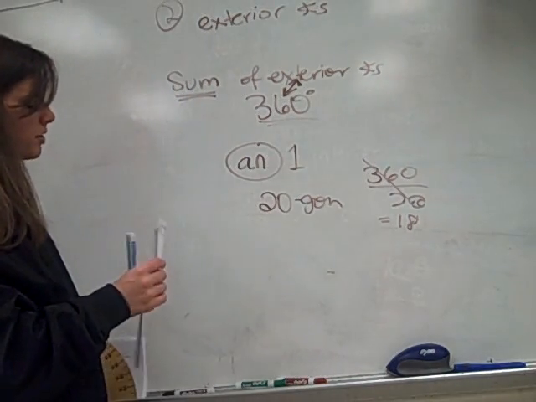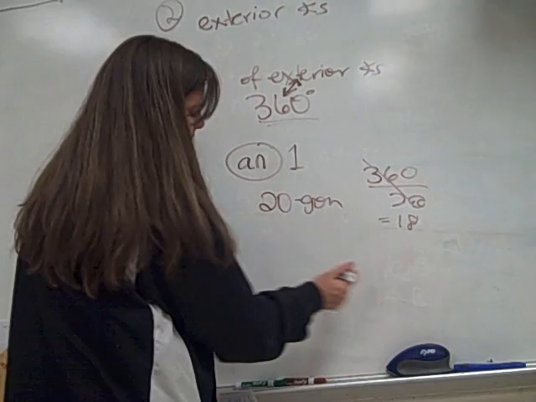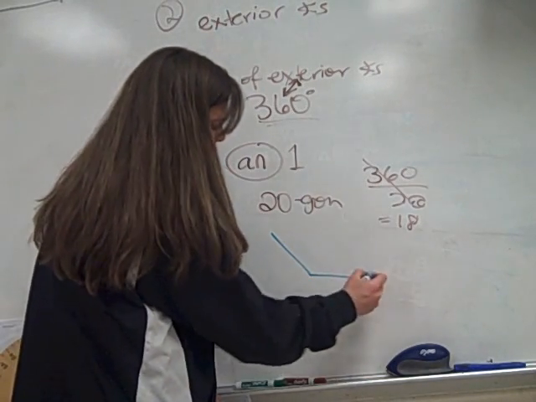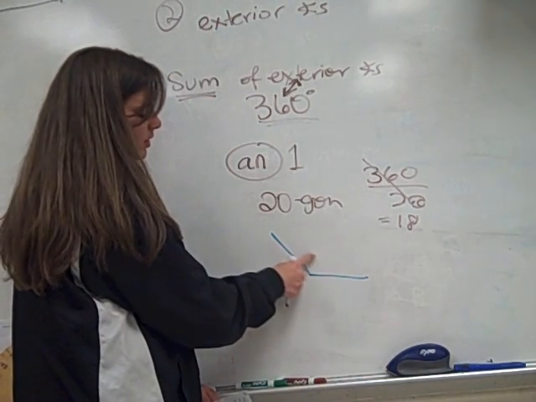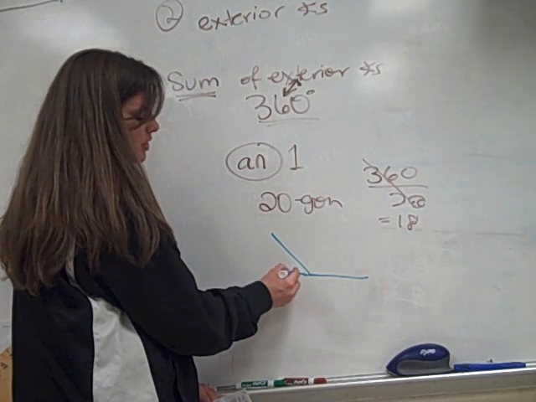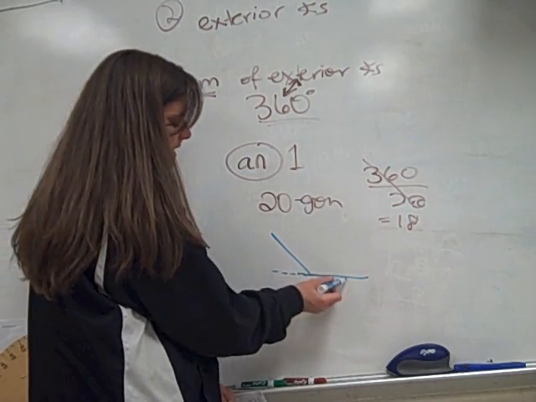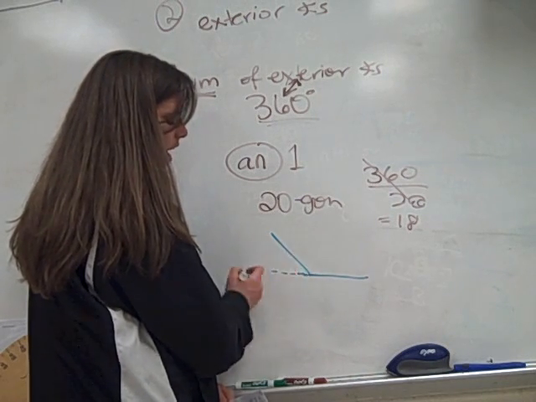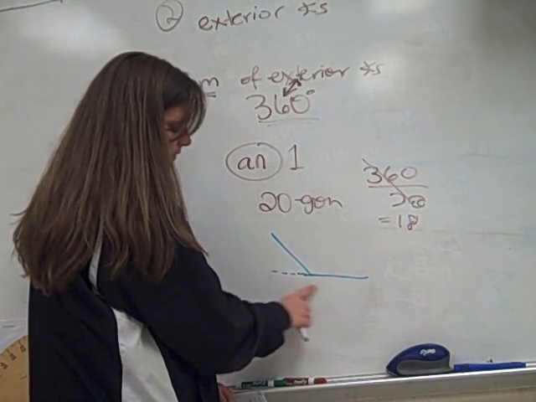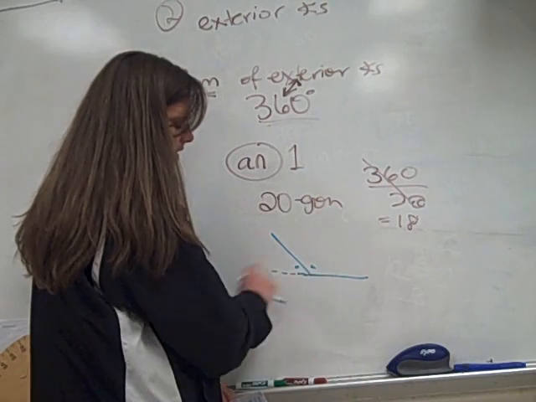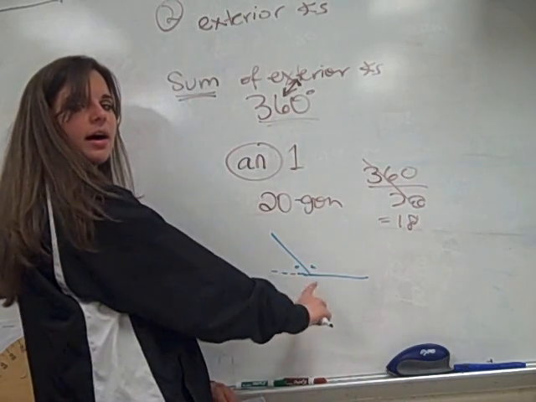Okay. One more thing I want to throw in here. What do you remember is true about the interior angle in relation to the exterior angle? What does an interior angle and an exterior angle always form? It always falls together. These two angles here fall together to form this straight line.